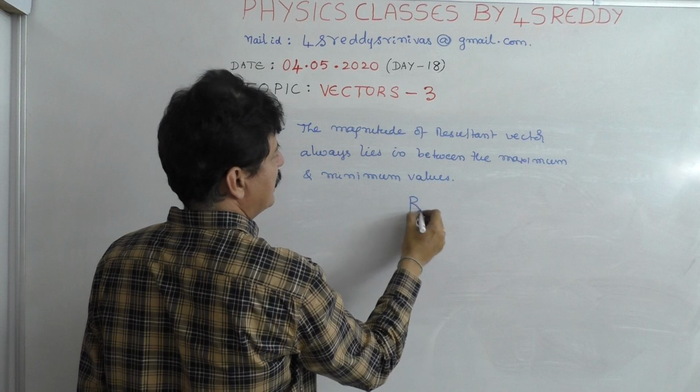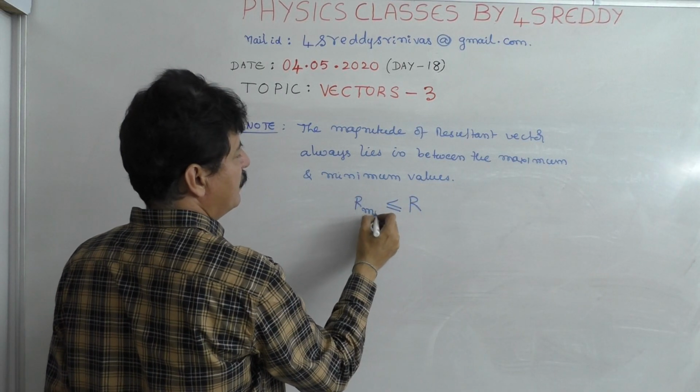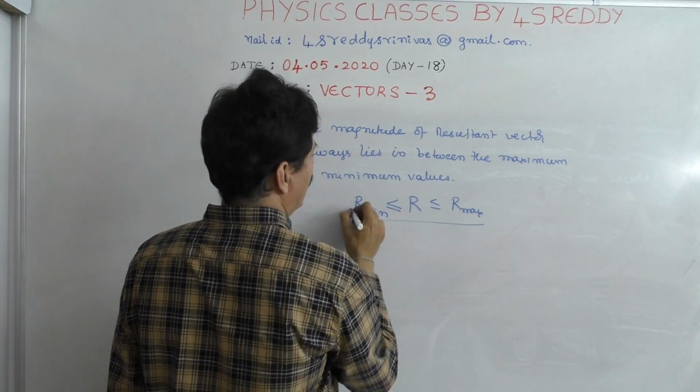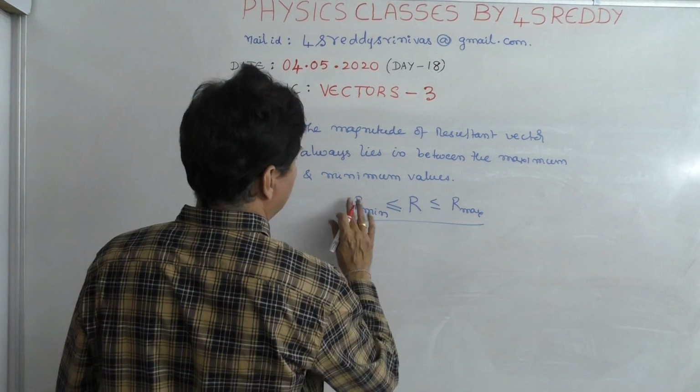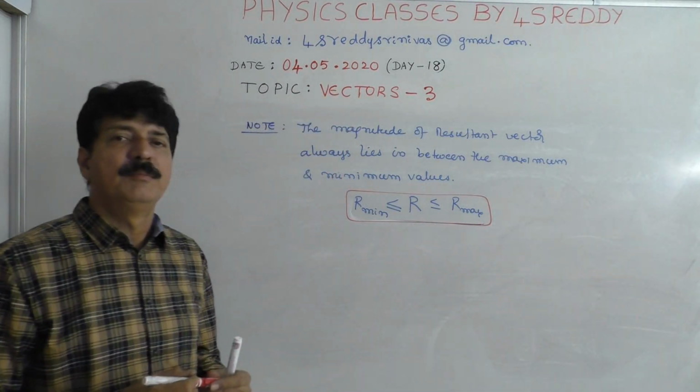That is, the resultant is always greater than or equal to the minimum and less than or equal to the maximum. That means it is never greater than the maximum and never less than the minimum.